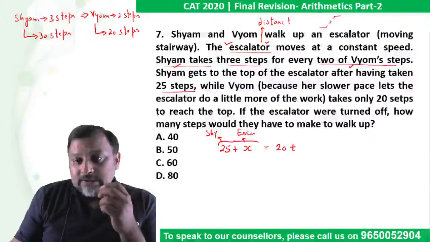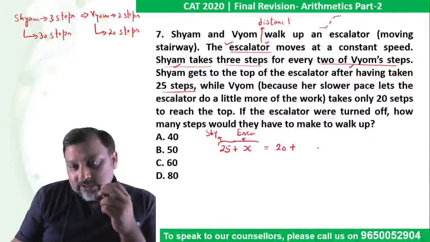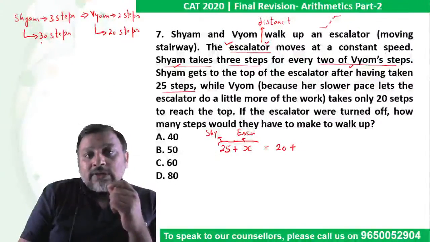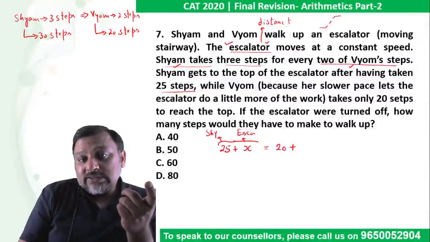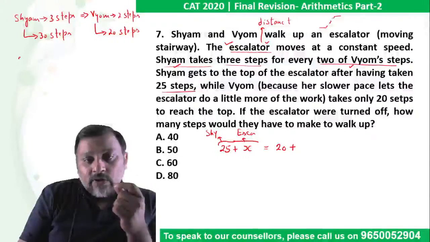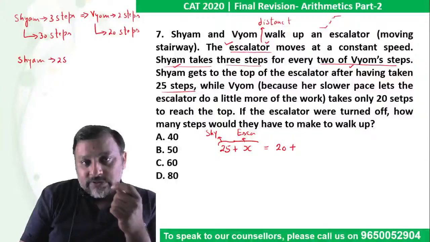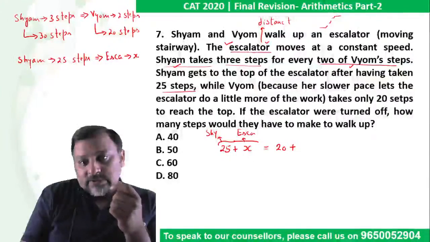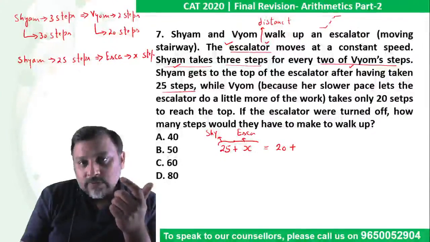Plus, now I need to be careful in this value. We know this 30 steps is the same as 20 steps. The time is the same in the two cases. And we also know when Sham takes 25 steps, in the same time, the escalator takes x steps. This is what we have assumed.